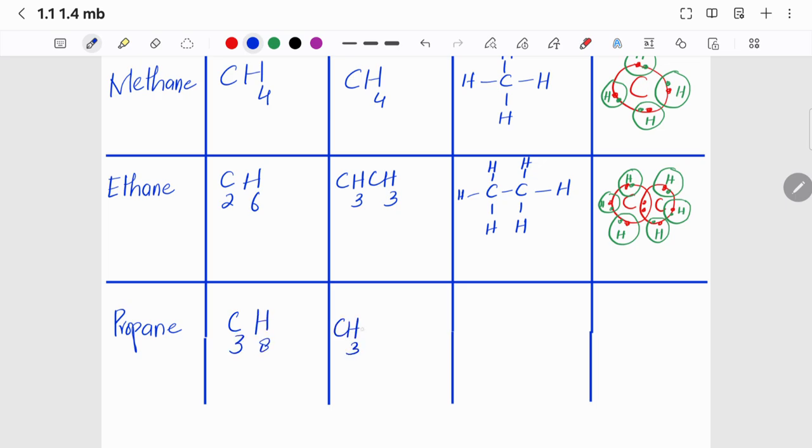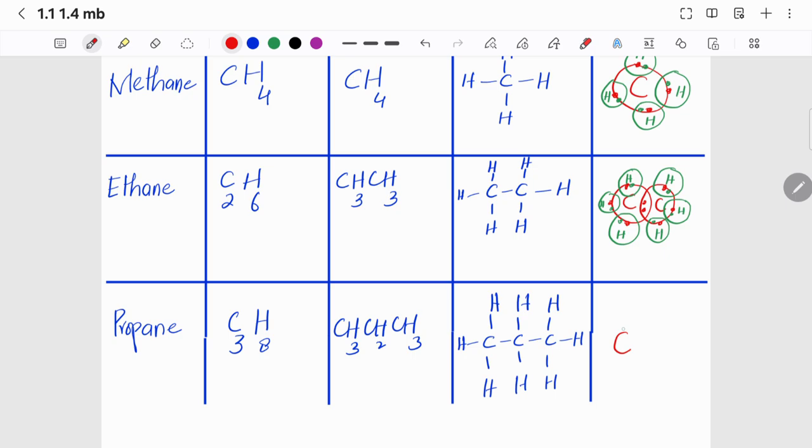I have to write all the 3 carbons with their hydrogens separately, and this is called the structural formula. While for displayed formula, I have to draw all 3 carbons with their bonds like this. Can you see, displayed formula is basically showing all the atoms present, and it is also showing all the bonds present.